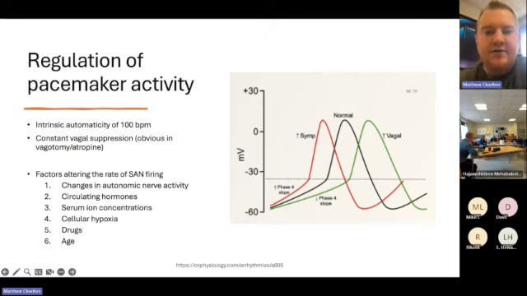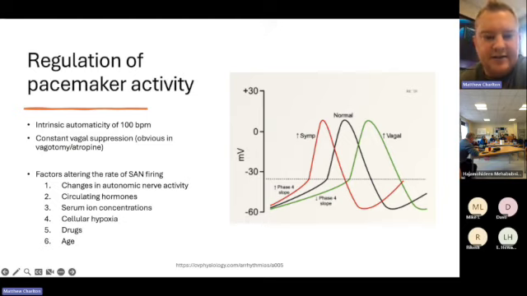And likewise, there are various things to do with the handling of calcium when you've got hypoxia, that then changes it as well. Serum ions, as we've said, you have to have the concentrations appropriate in the intracellular and extracellular compartments. And if you change those, then you'll change what the resting membrane potentials are because of the Nernst equation, which you've all sort of remember, I hope, but don't need to know.